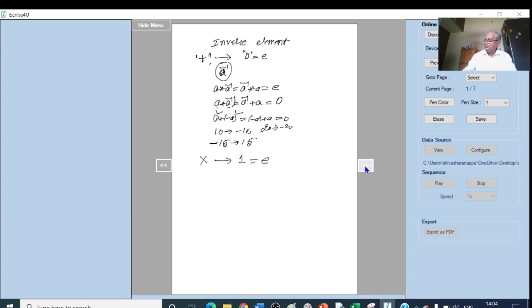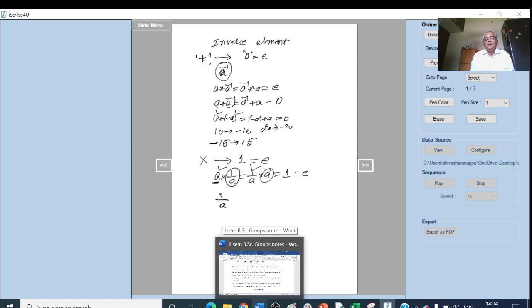And here can I write a into 1 by a equal to 1 by a into a equal to 1? Yes, definitely I am getting 1 here. That means this is the inverse of a. So the inverse of a with respect to multiplication is 1 by a. This is the inverse element.